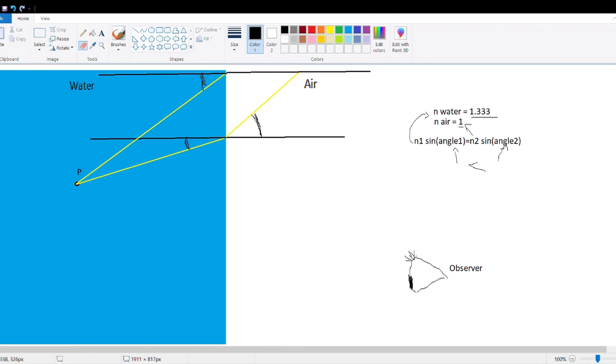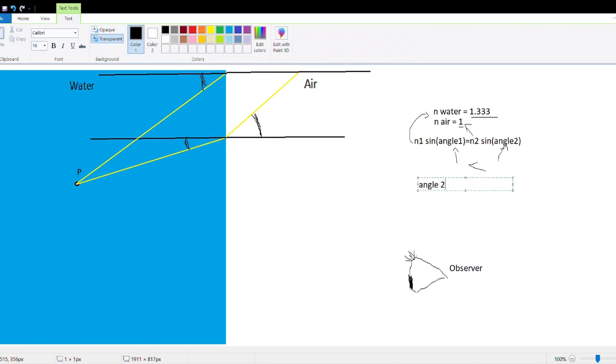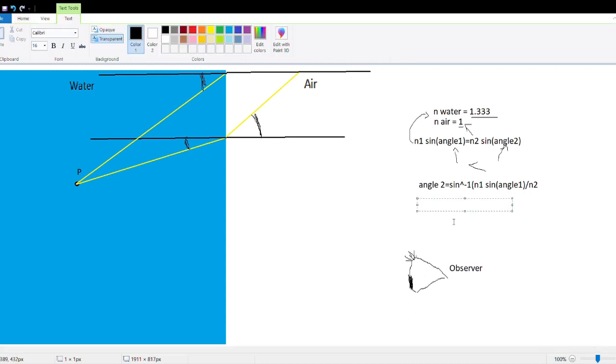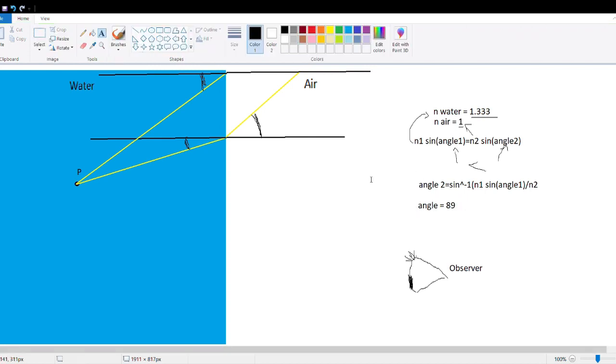But now, if we plug in the numbers and say that angle 2 equals sine to the power of minus 1 of n1 times sine of angle 1, all divided by n2, we get a weird result with angle 1 equal to 89 degrees because we do not get an actual value.